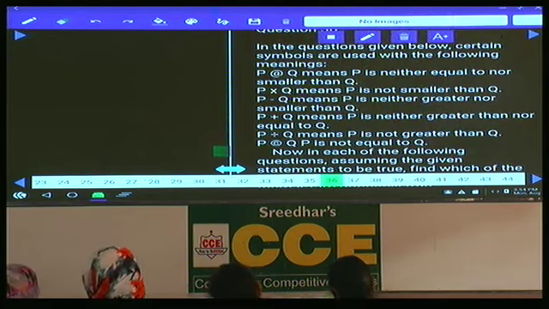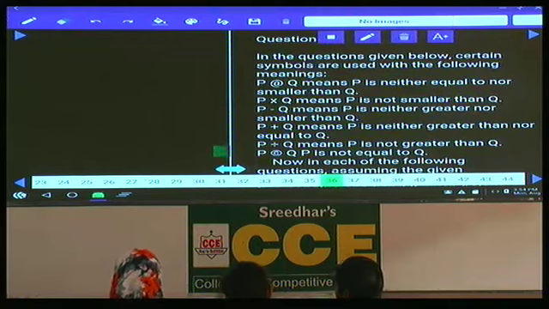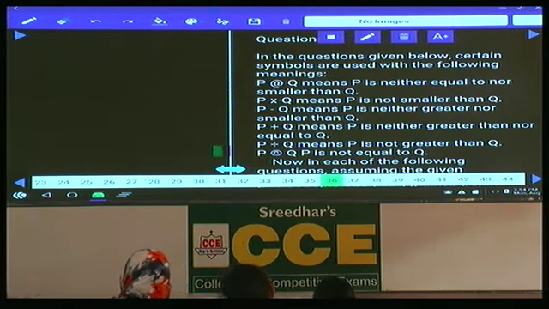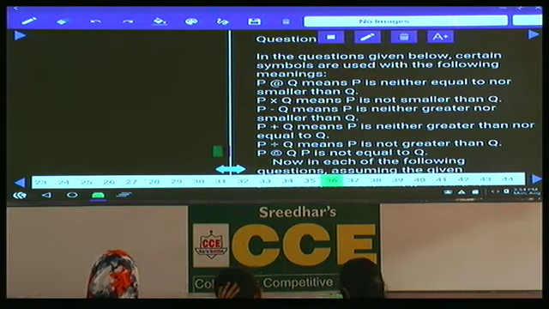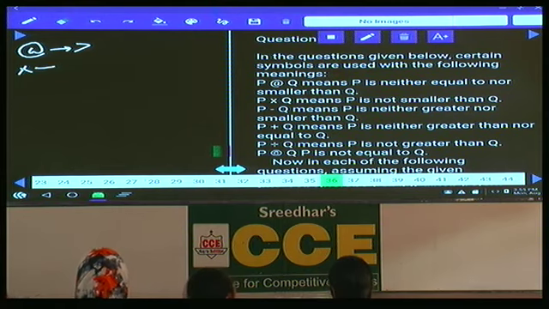Then question number 36 onwards. Now 36 onwards, they are based on coded inequalities. Earlier we had one set based on coded inequalities. Now in this 36 to 40, the meanings of these symbols were given. At the rate of stands for not smaller and neither equal to nor smaller than, which means it must be greater than. And into stands for not smaller than, meaning greater than or equal to.